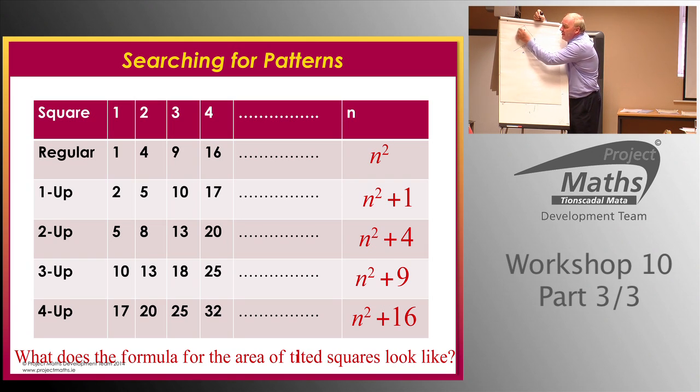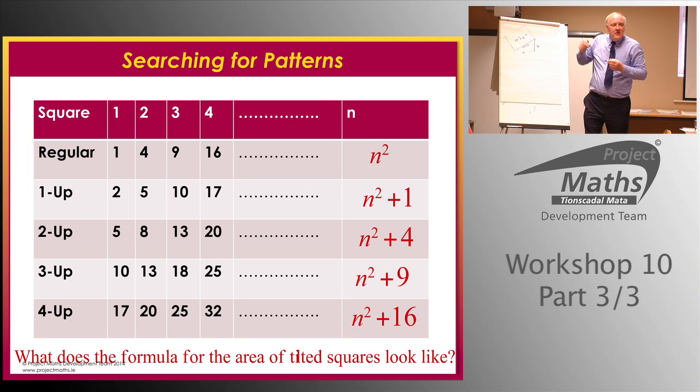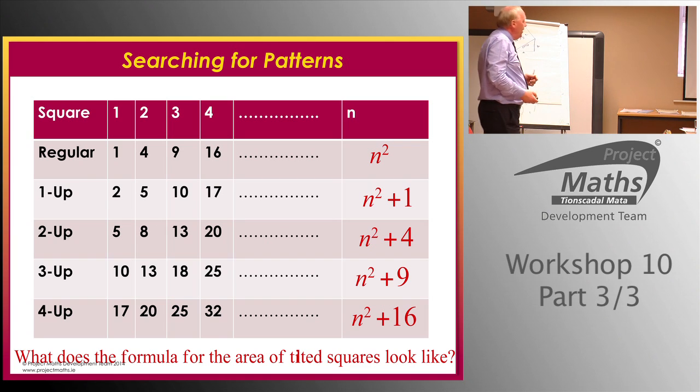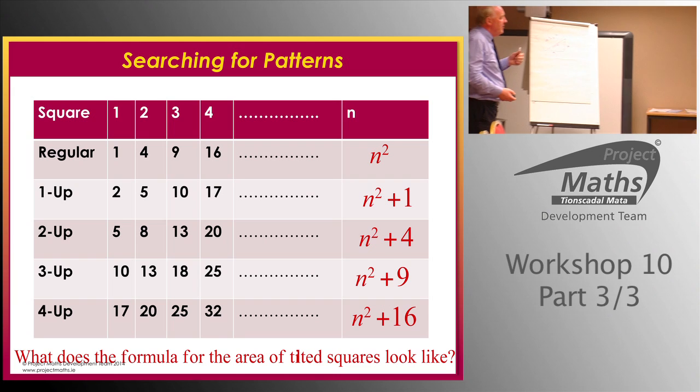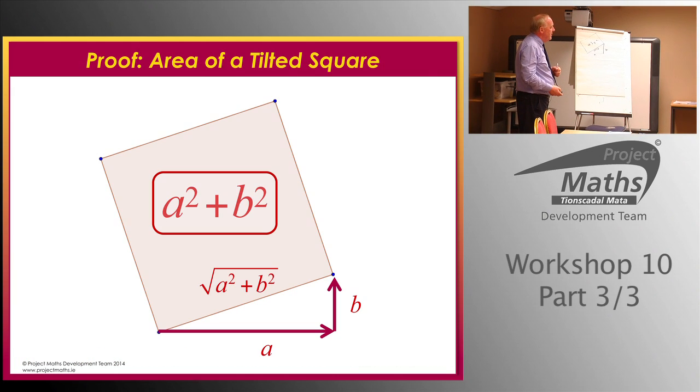So now we know that the area of this must be A squared plus B squared, the sum of 2 squares. Okay, and what does the formula for the area of tilted squares look like? Well, here it is, in proof form, and we get A squared plus B squared. So we're A along, B up.